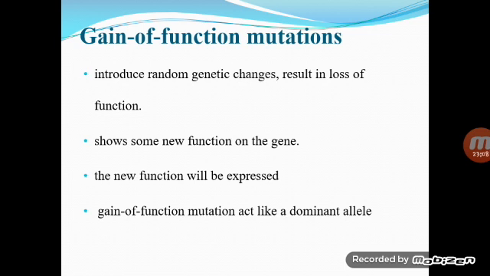Sometimes random change by pure chance shows some new function on the gene. In a heterozygote, the new function will be expressed, and therefore the gain of function mutation most likely will act like a dominant allele and produce some kind of new phenotype.